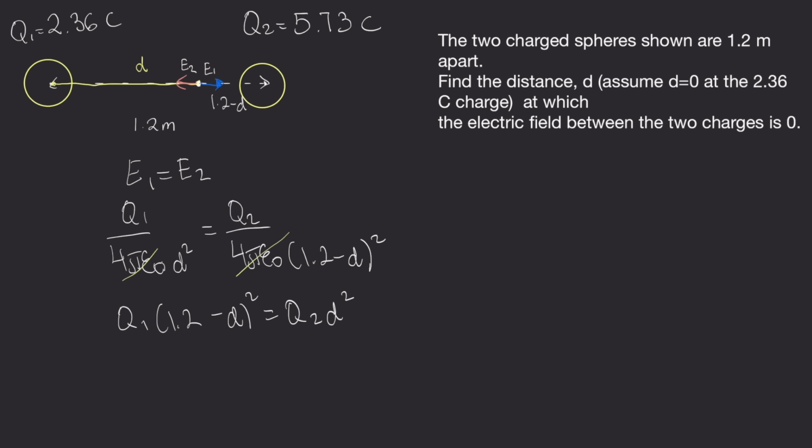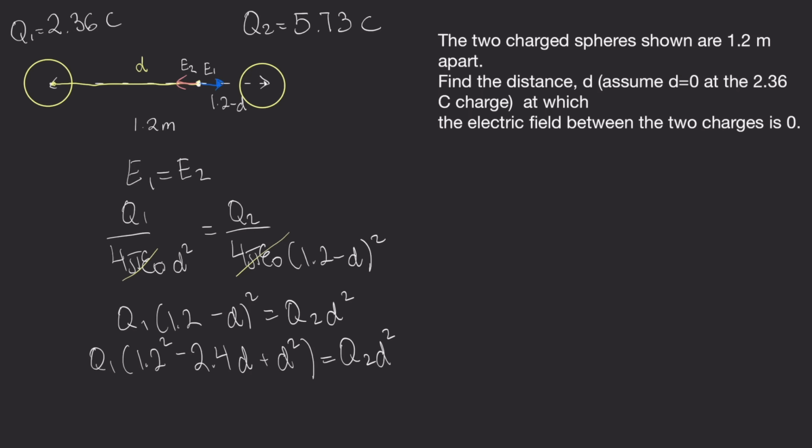This looks like it's going to be a quadratic, so shall we just expand the bracket? So 1.2 minus d squared, what is that going to give me? That's going to give me 1.2 squared minus 2 times 1.2, which is 2.4, multiply this by d, and then plus a factor of d squared. And this here will be equal to Q2 multiplied by d squared.